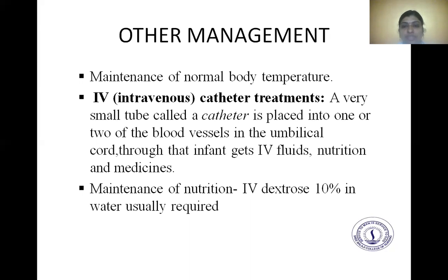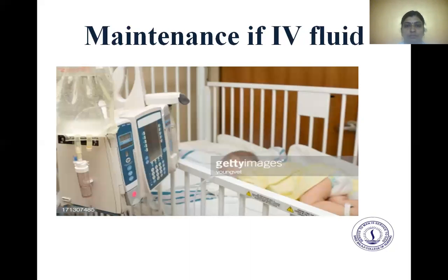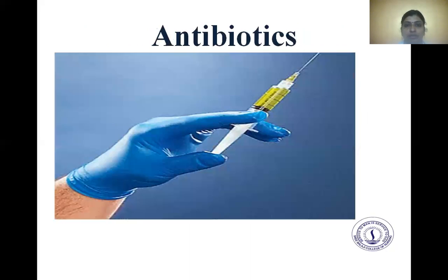Through that, the infant gets IV fluids, nutrition, and medicines. Maintenance of nutrition: usually 10% dextrose will be administered for preterm babies and respiratory distress syndrome babies, along with maintenance of IV fluids.